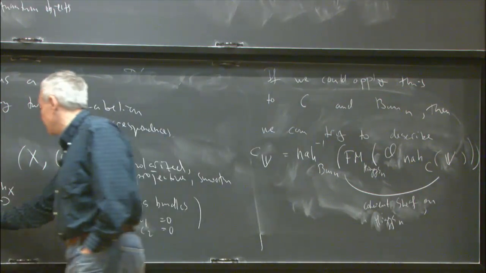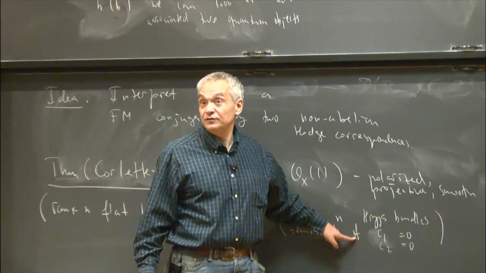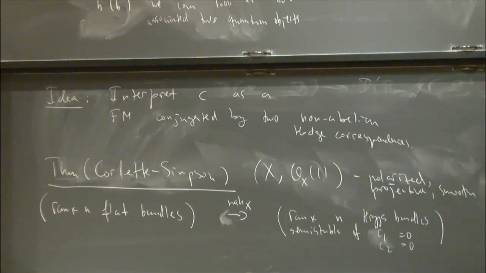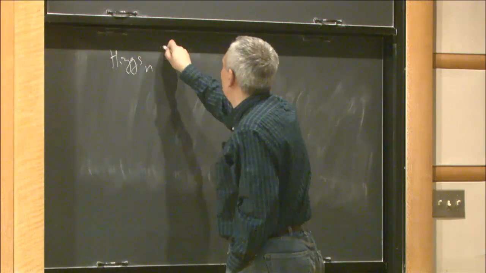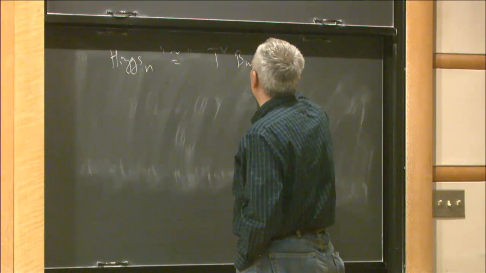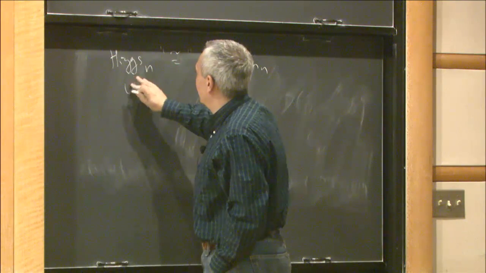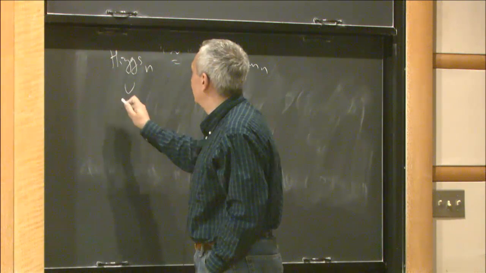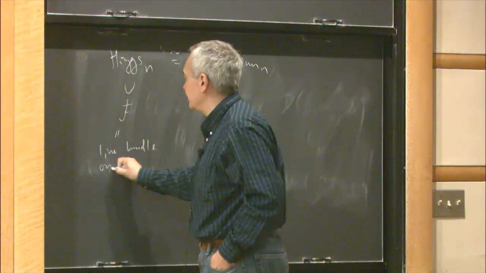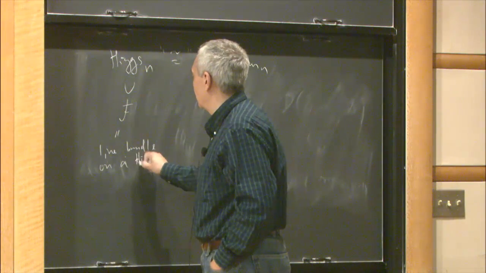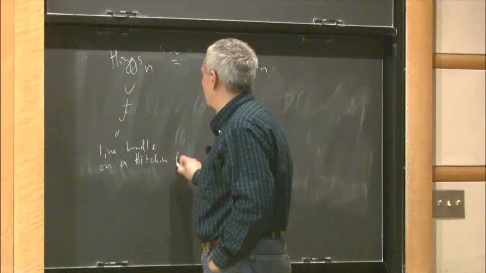The non-abelian Hodge correspondence applies to Higgs sheaves. But think about the Higgs moduli space as being the cotangent bundle to Bun N. And so here we have this sheaf, which looks like a line bundle of degree 0 on a Hitchin fiber.